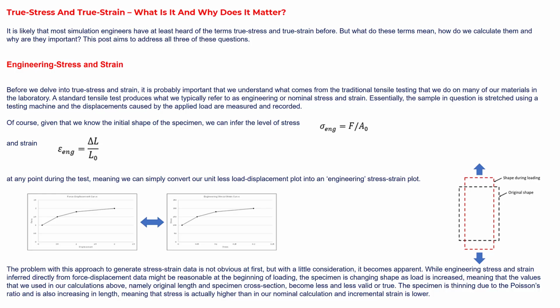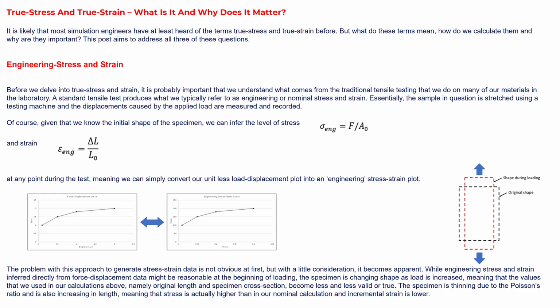Whatever the stress strain data we get, it is not obvious at first. But with little consideration, it becomes apparent. While engineering stress and strain, inferred directly from force and displacement data, might be reasonable at the beginning of the loading, during the initial stages the specimen is changing shape as the load increases.